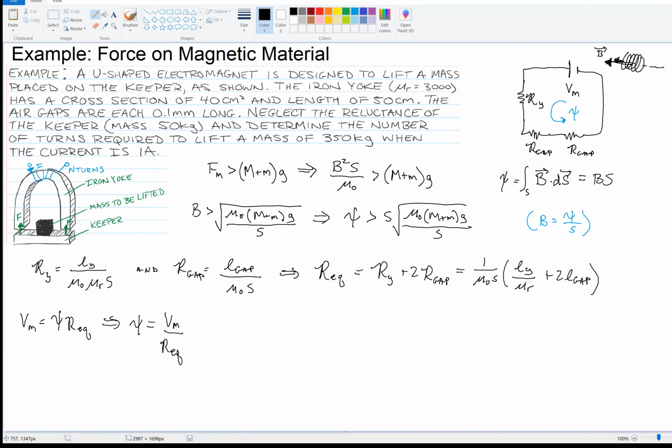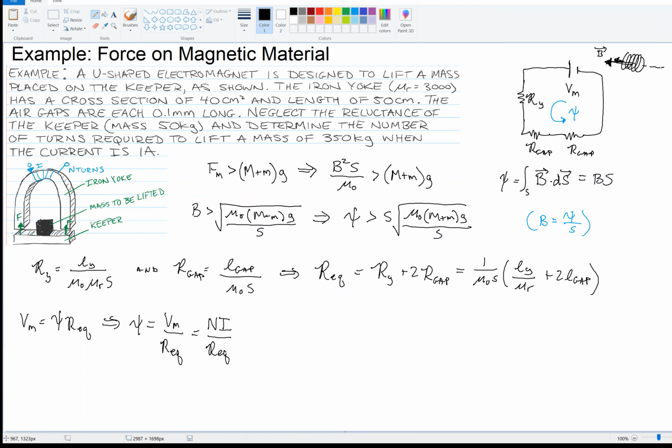And we have these things. The magnetic potential, again, is due to the coils. So this is related to the linkage. Each coil, there are n coils, has a current I. So that is the magnetic potential, n times I, divided by the equivalent reluctance, which we have, right?